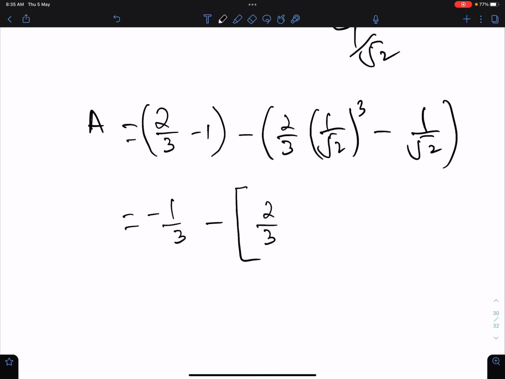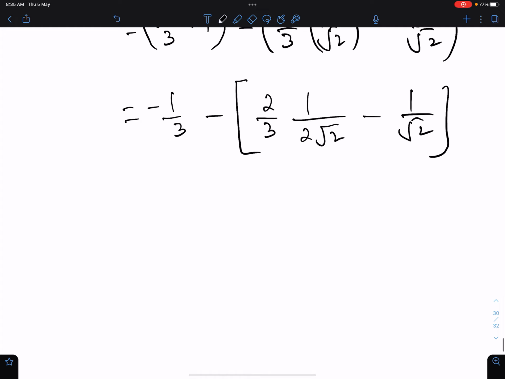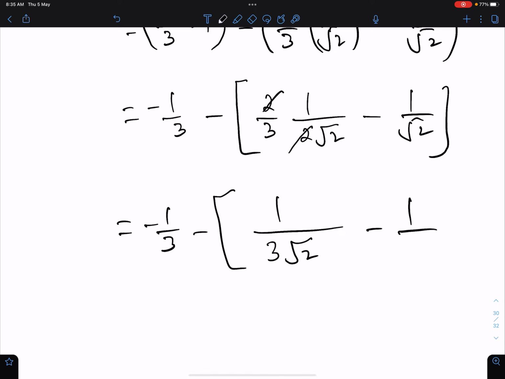One upon root 2 cube means 2 root 2, and this 2 and this 2 will be cancelled. So we have 1 upon 3 root 2 minus 1 upon root 2.